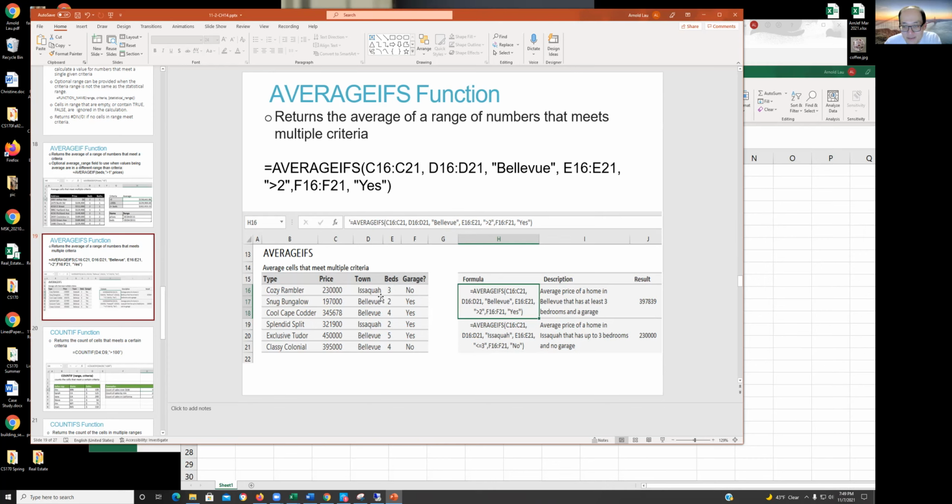So this is how they specify multiple criteria. Basically, you specify the range that you want to look at, and then what's the criteria you're looking for. And then there's a second range that you want to look at and the second criteria, right? And then in this case, they listed a third criteria here for the garage, right? So does it have a garage? So 3 different criteria they listed here, okay?